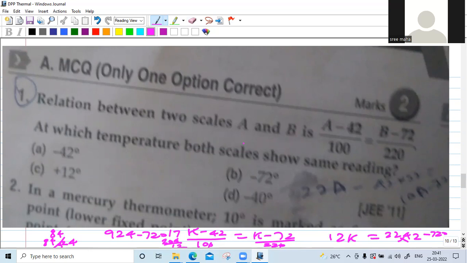Okay, what is the answer they have given? Plus 12 degrees Celsius, sir. Plus 12. So you put plus 12 in this thing. So 12 minus 42 is how much? 30, right? 12 minus 42 is minus 30. Yes, sir.